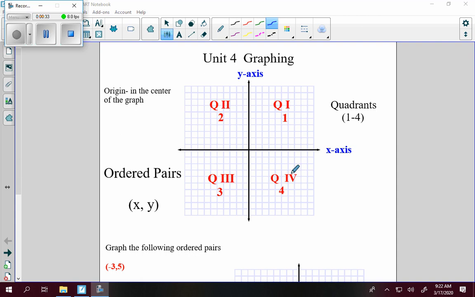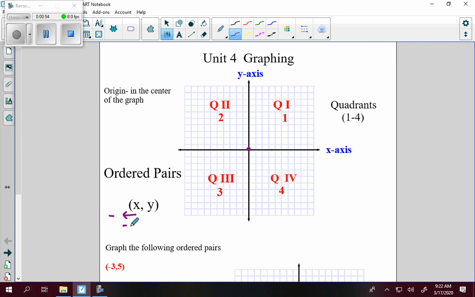So, where does this start? Your graph starts at the origin, which is the center of your graph right there. If we put an origin in an ordered pair, when you go to the left of that point, your numbers are negative.